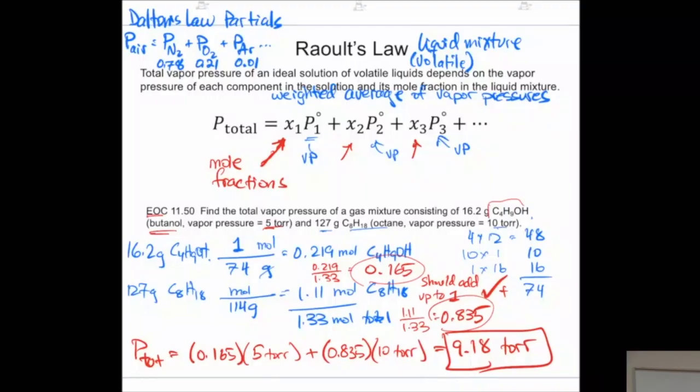Now, if you just step back and think about it, one of them is 5 torr and one of them is 10 torr. So you should already be thinking, what range should this answer be? If it's pure butanol, the vapor pressure is 5. If it's pure octane, the vapor pressure is 10.